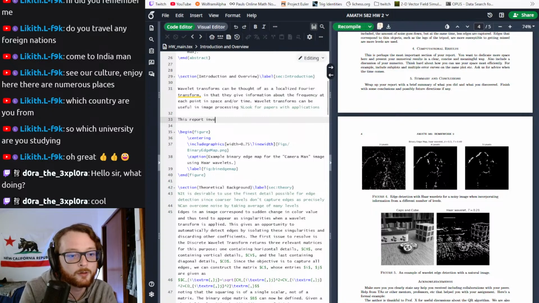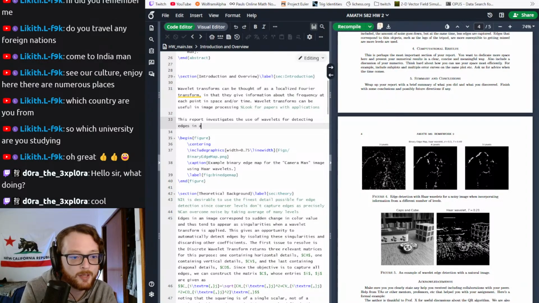This report investigates the use of wavelets for detecting edges in images. Aims.